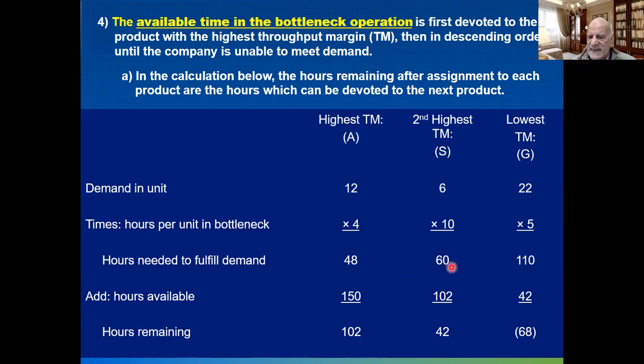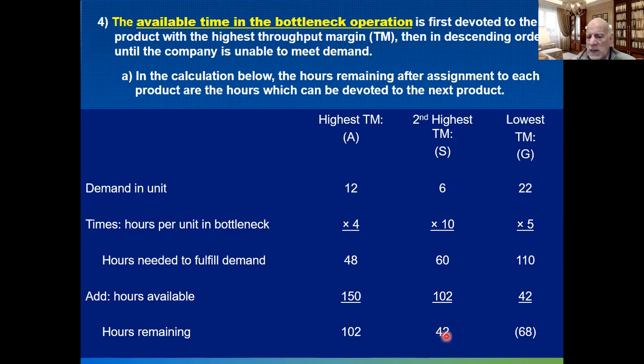So using 60 hours from the excess capacity, we will produce all the units of the second product, and after producing, we will have excess testing capacity remaining, which equals 42 hours.